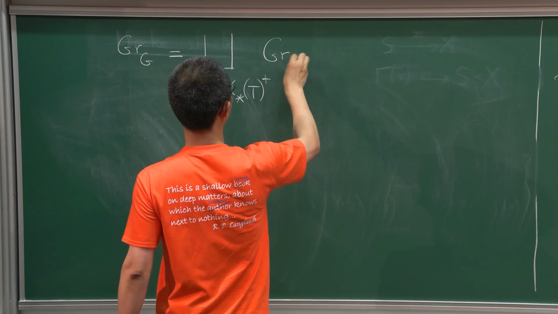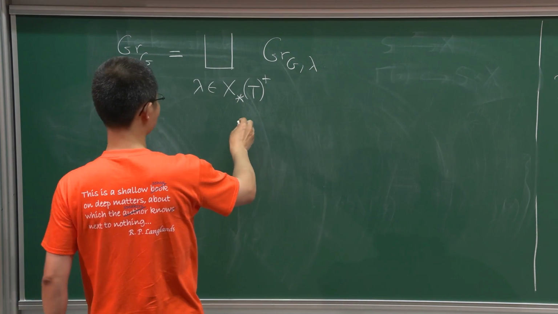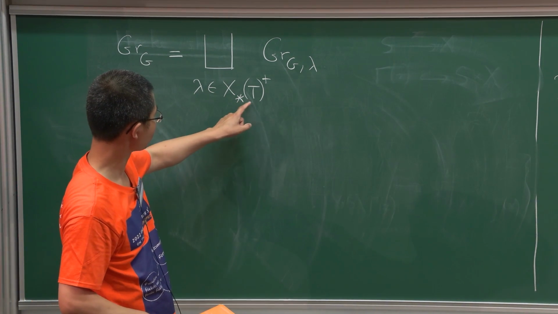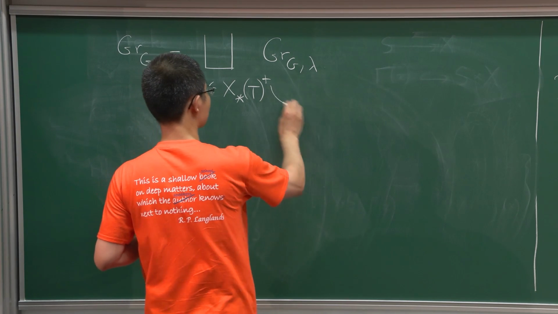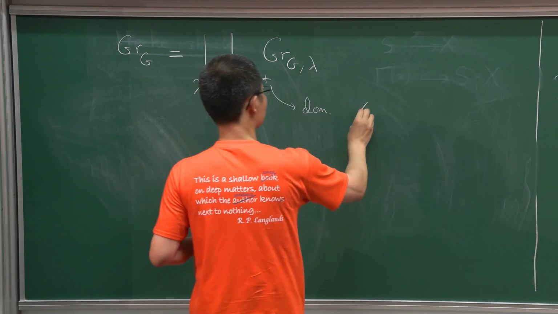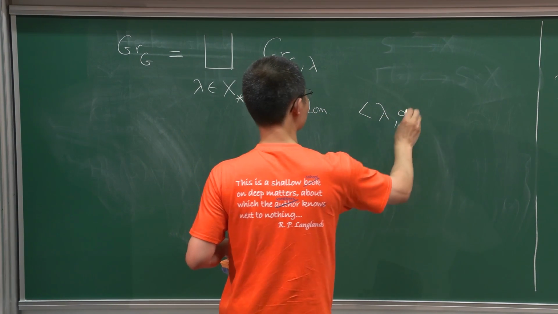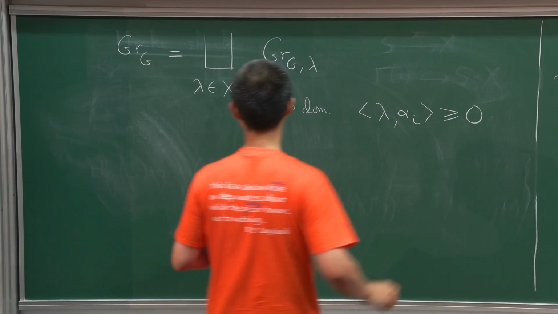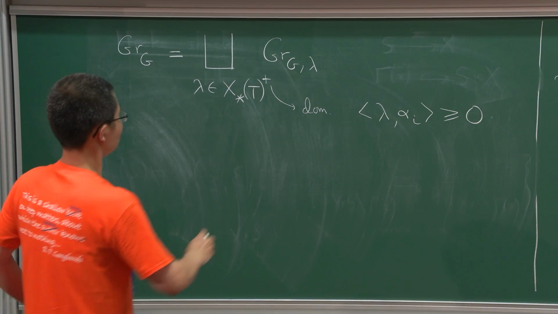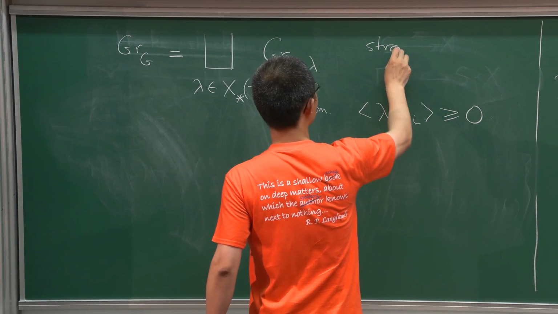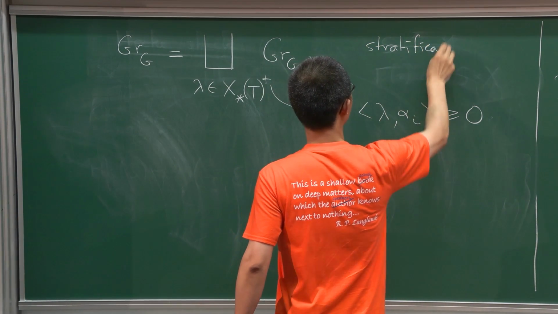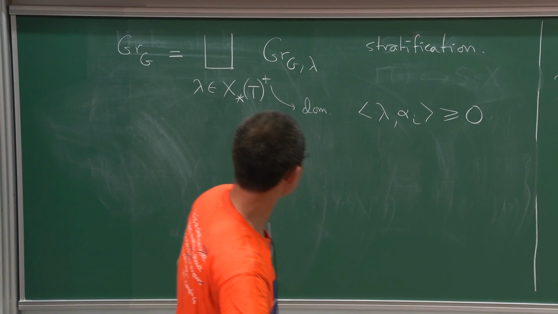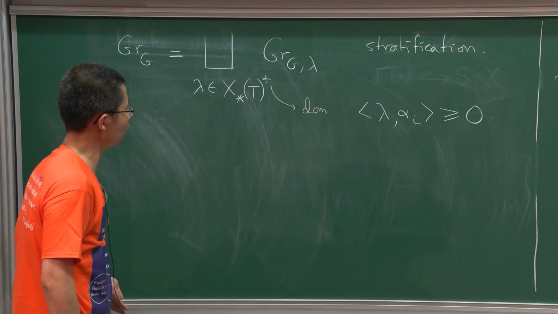So here, I choose a maximal torus. It has a co-character lattice, and this plus means dominant. So I'm only looking at those lambda whose pairing with any simple root is non-negative. Okay, so this is a stratification, not a disjoint union of varieties.